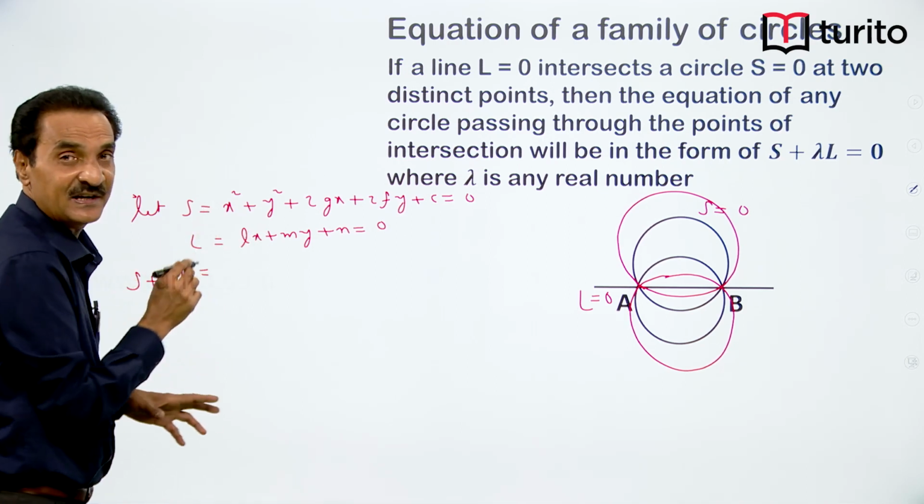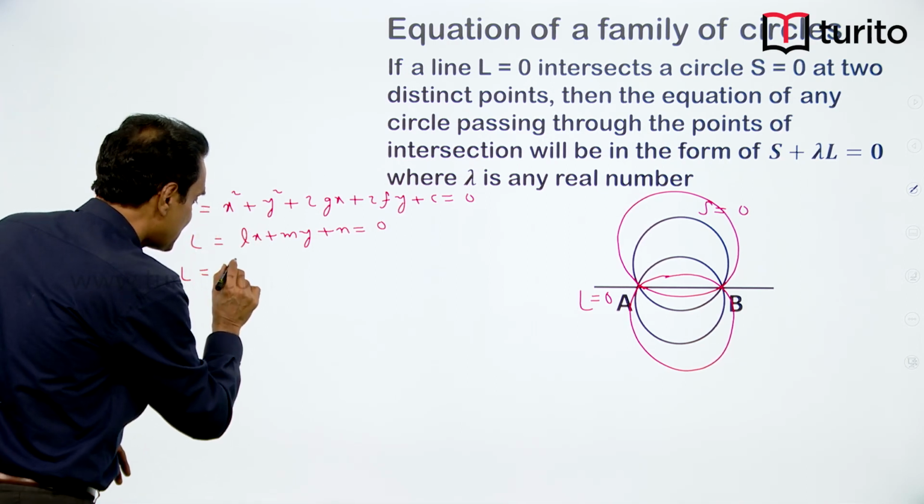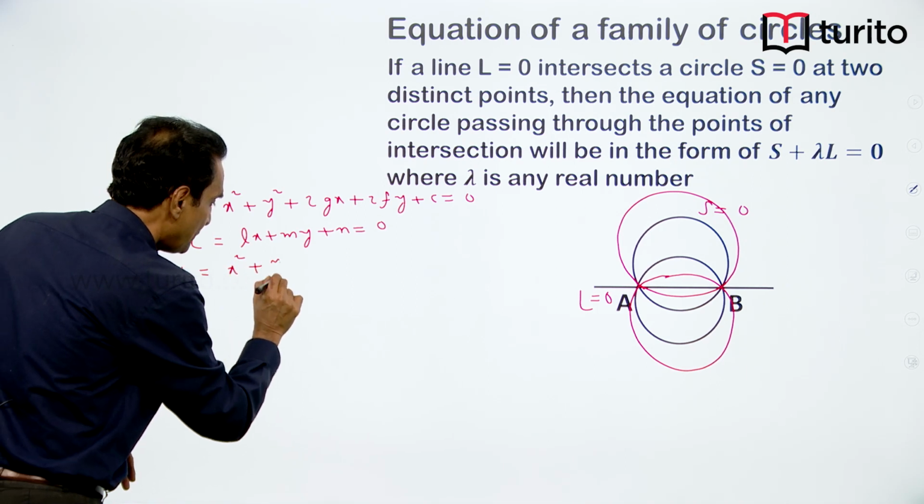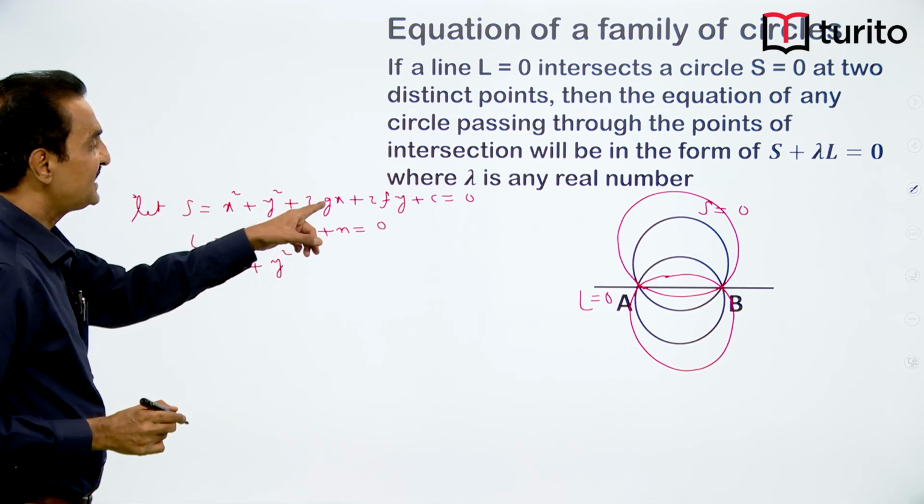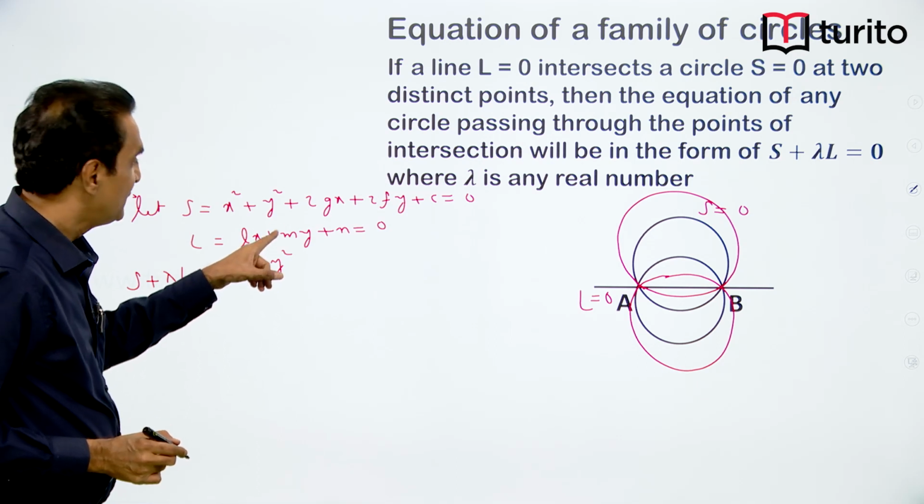So, I will write second degree terms first, x square plus y square, and this plus lambda into this will be what?